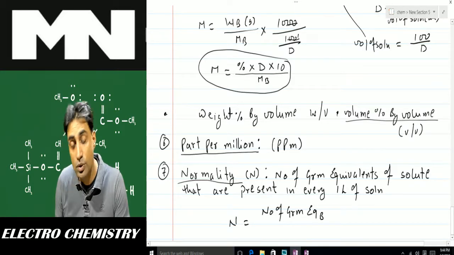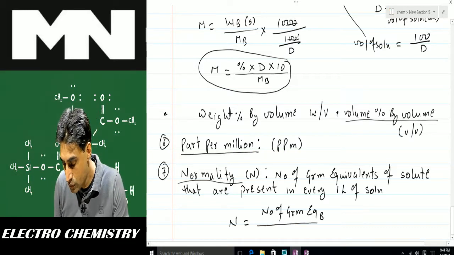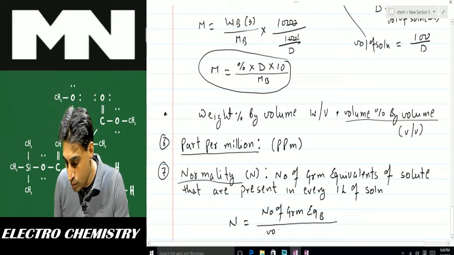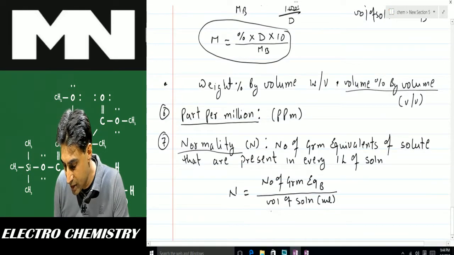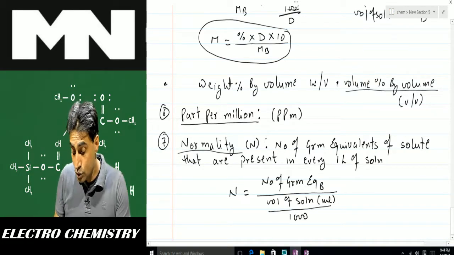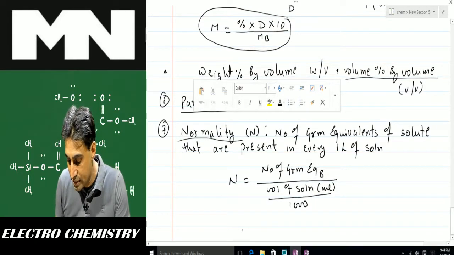Like molarity, we can represent it as: normality is equal to the number of gram equivalents of solute, where by writing B I'm representing solute, divided by the volume of solution in liters. If the volume is in milliliters, we divide by 1000 to convert it to liters. Like molarity, this time I am bringing the volume to the numerator.